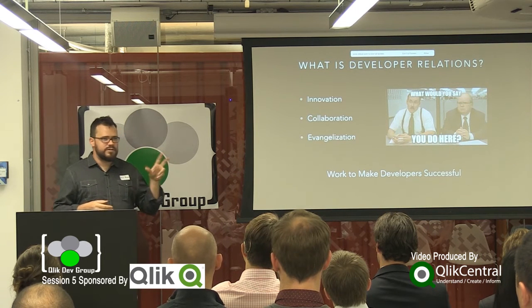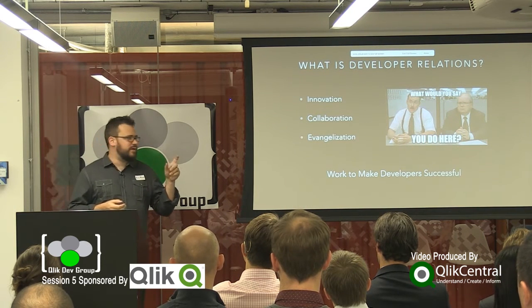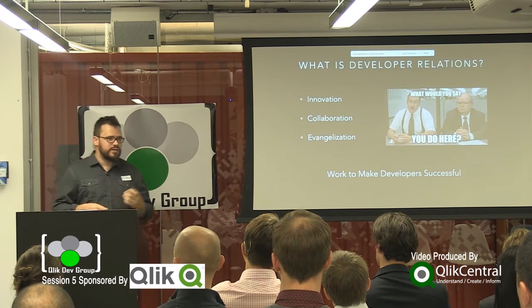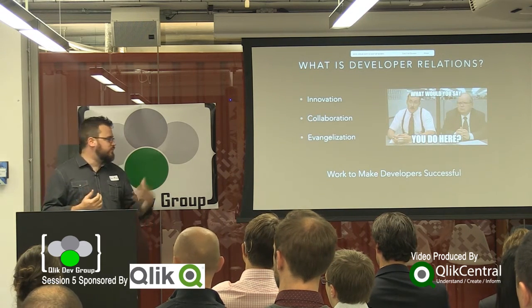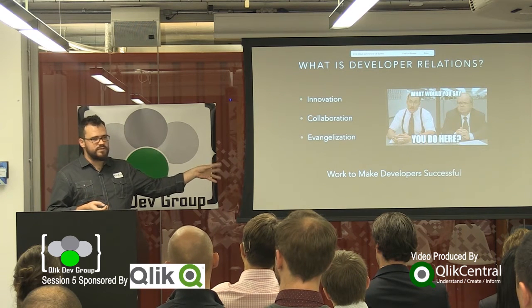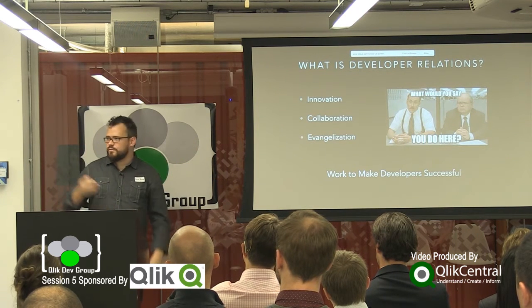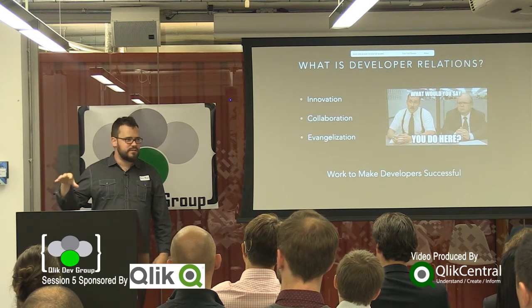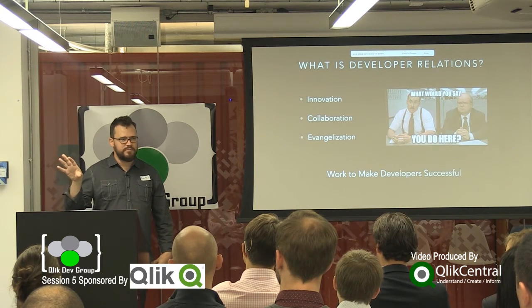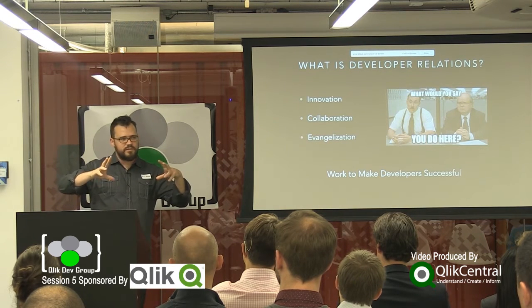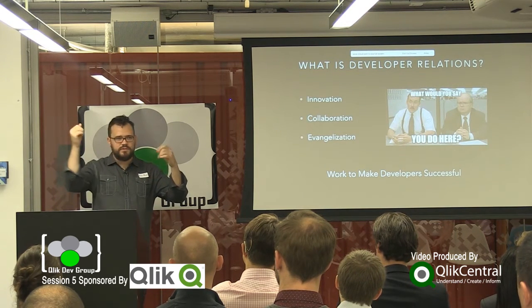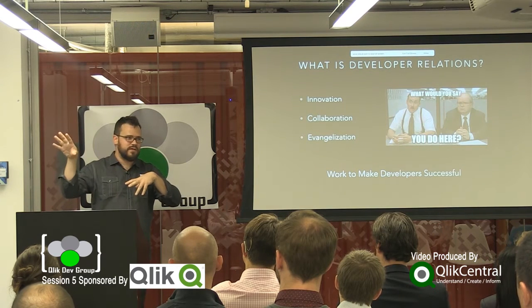The innovation and collaboration piece have some caveats, where we're not just building things for the sake of building things. We need to be making developers successful in some way. So Alex over here has built the SenseIt Chrome extension that you all may have seen. If not, you should check it out. You go to a website with a table on it, you hit a button in your Chrome browser, and it automatically creates an app on the fly for you.